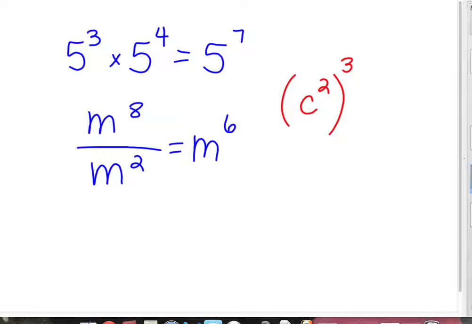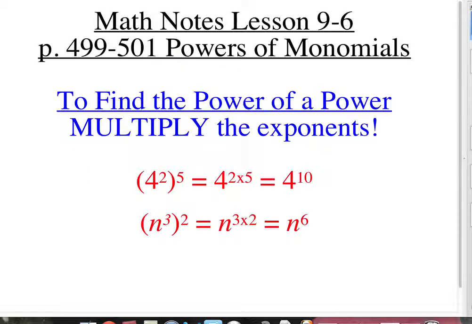So these are powers of monomials, right? Monomials that have exponents that then have another exponent on top of that. What we're going to be doing today is not adding the 2 and the 3, not subtracting the 2 and the 3. It's going to be multiplying.